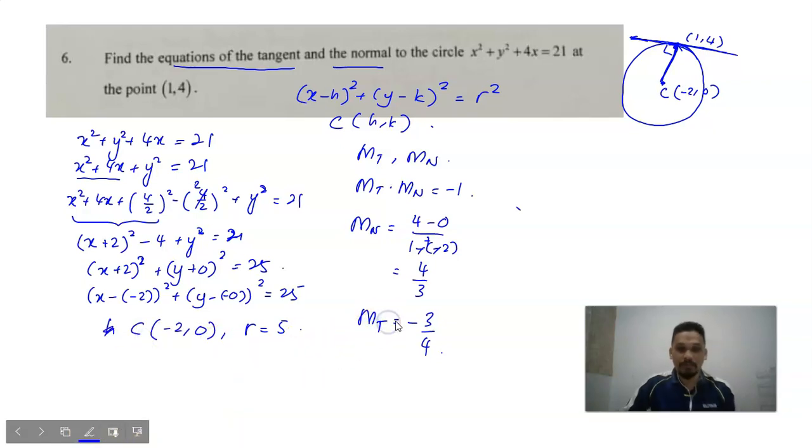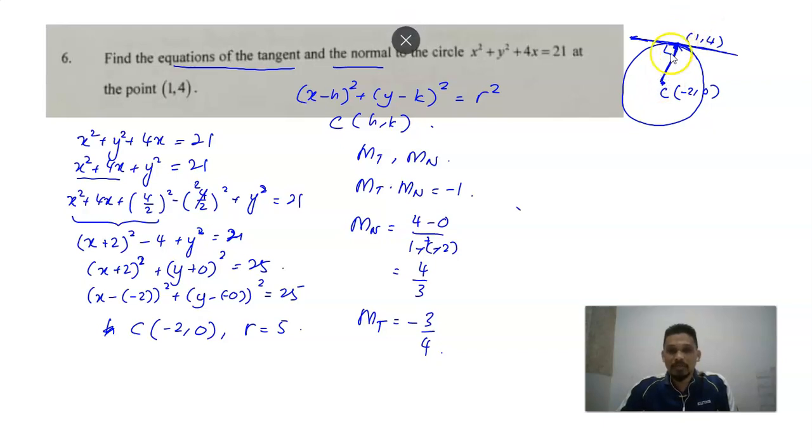For the equation of normal, we can use either (1, 4) or (-2, 0). It's all up to you, because these two points are coordinates on the line of the normal here.